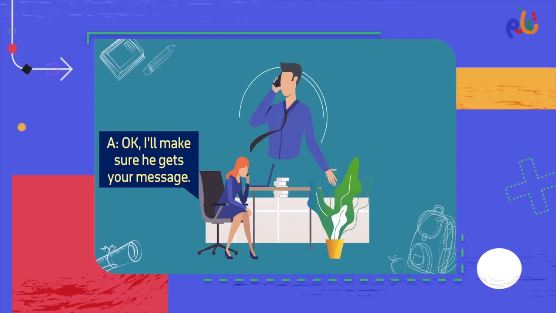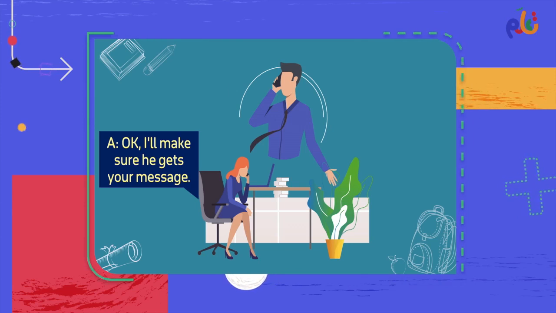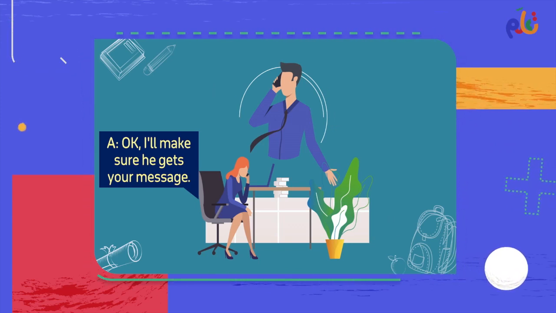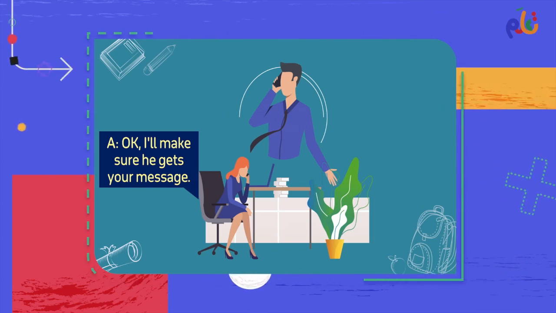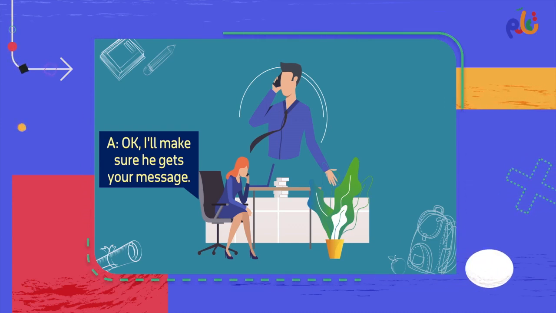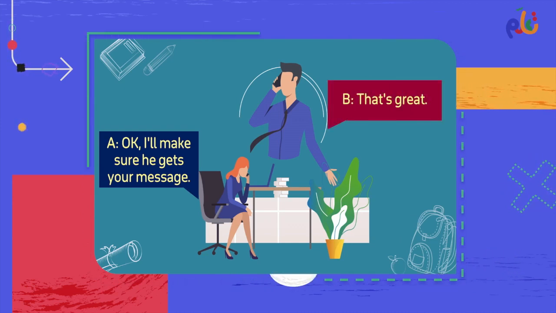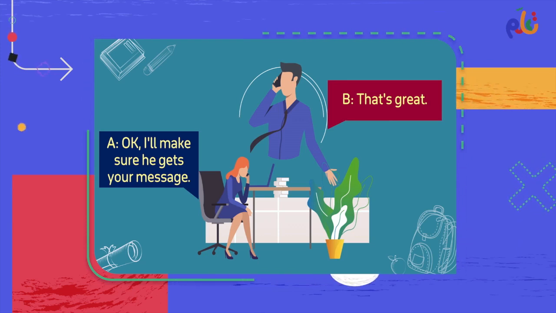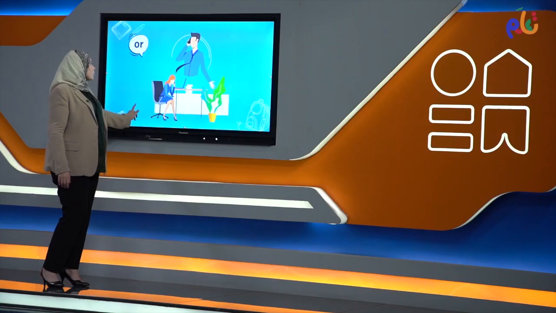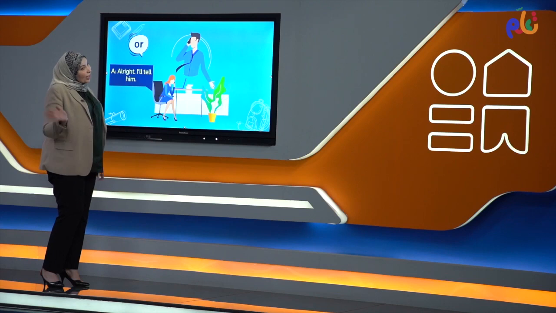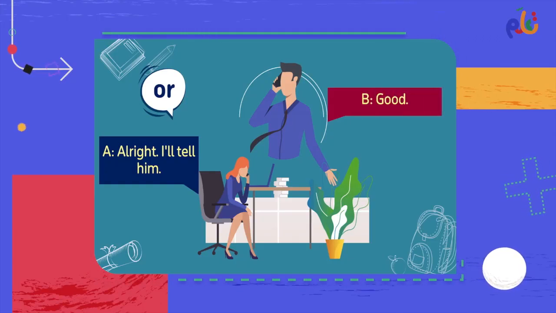And finally, I'll make sure he gets the message. So, can I talk to your dad? He isn't available. Give him my phone number. I will make sure he gets the message. That's great, or that's very nice, or thanks. All right, I'll tell him. Good.